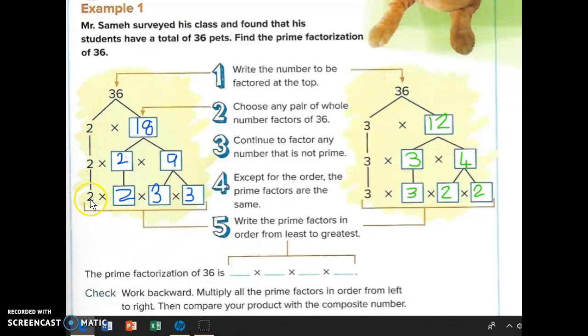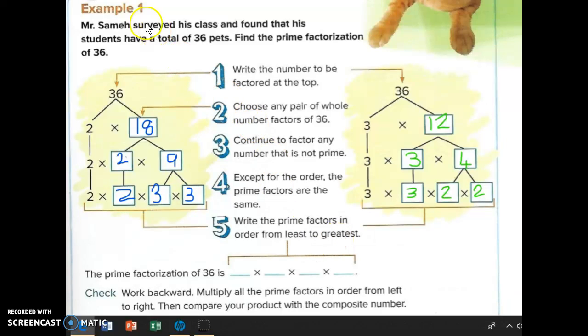Can you see that we have 2 times 2 on the left side? We also have 2 times 2 on the right. We have 3 times 3 on the right and 3 times 3 on the left. So write the prime factors in order from least to greatest. Least means the small number. Greatest means the big number.